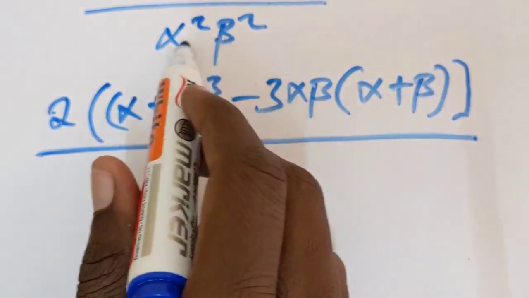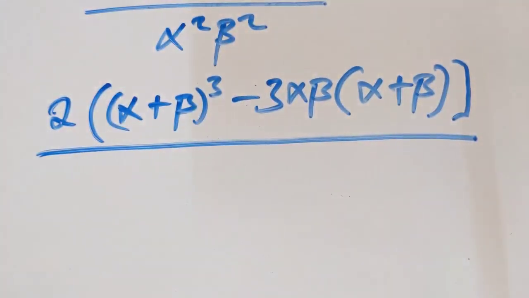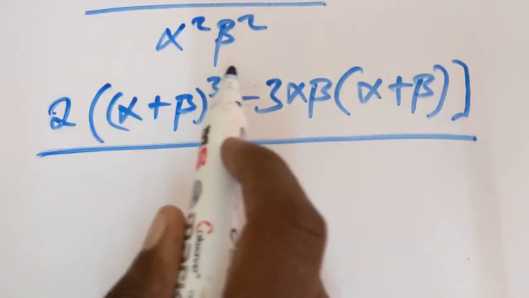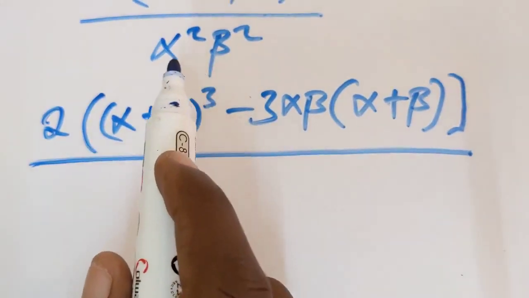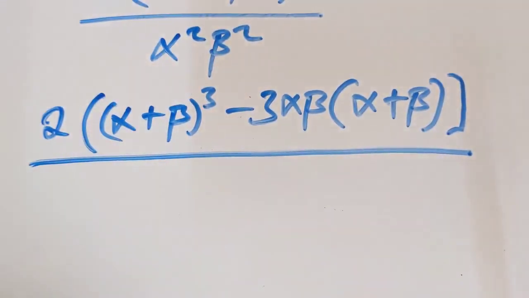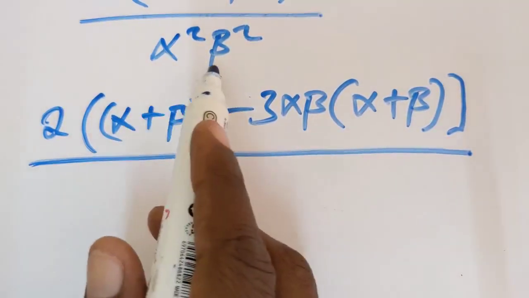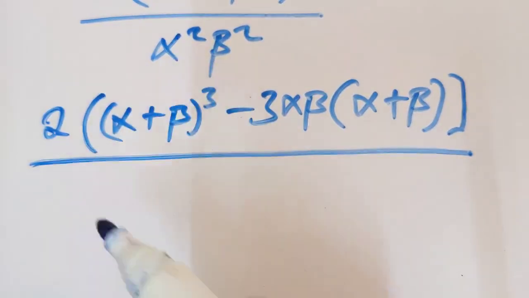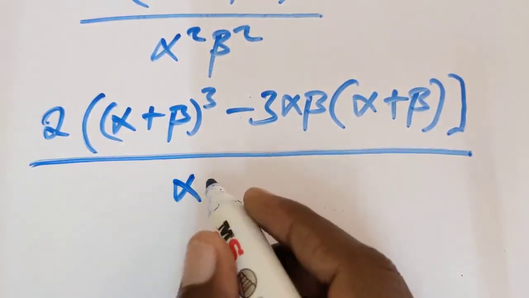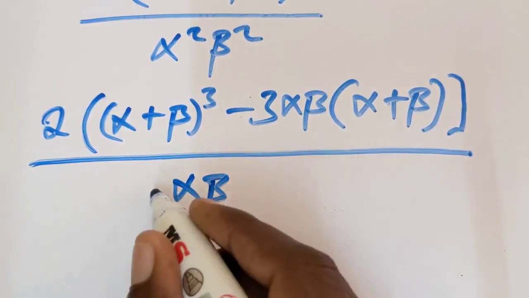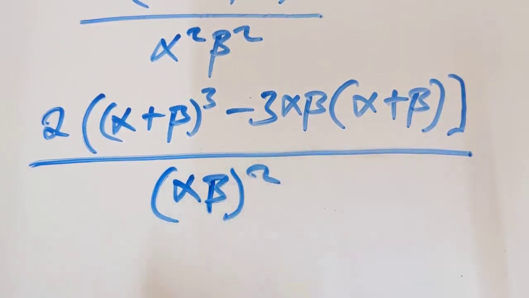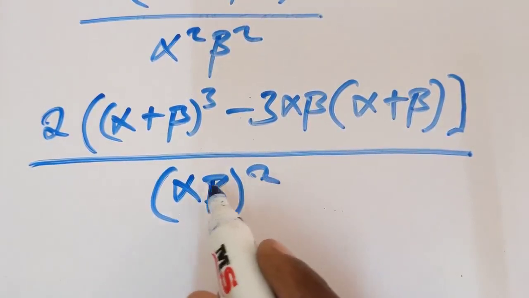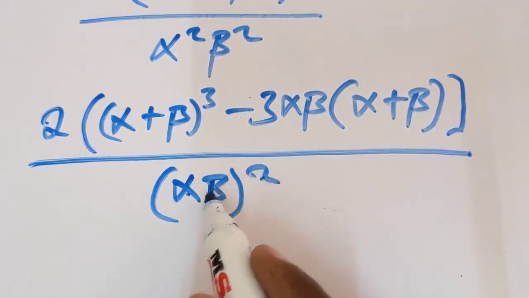This one you can factorize. Or should I say this one can also be written as alpha beta to the power 2, meaning that it is a square of this one and that is a square of that one.